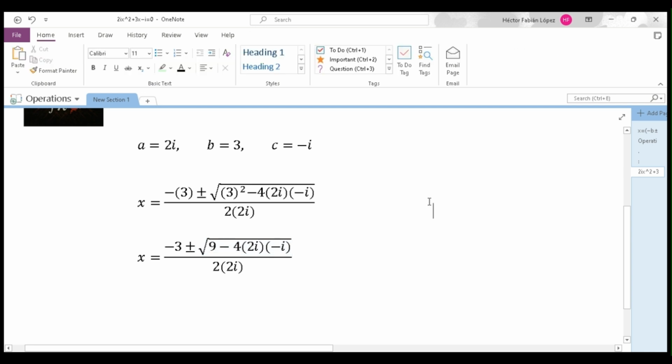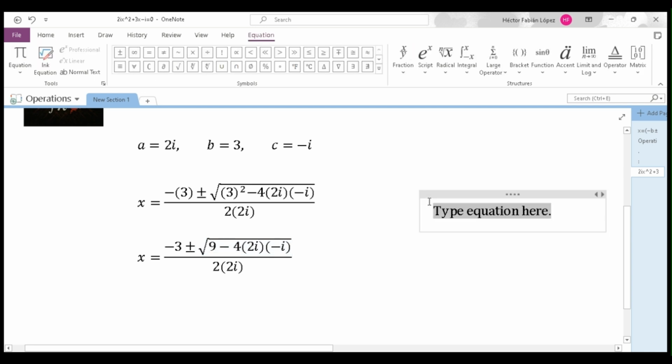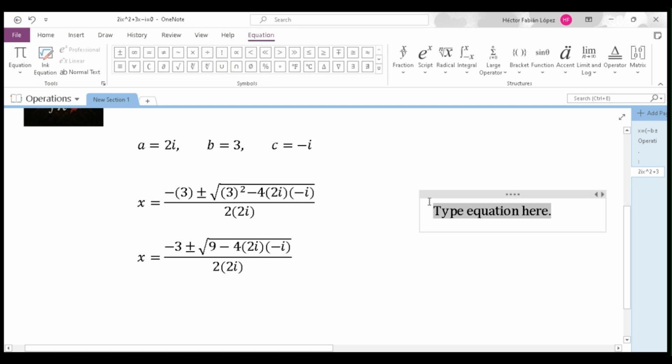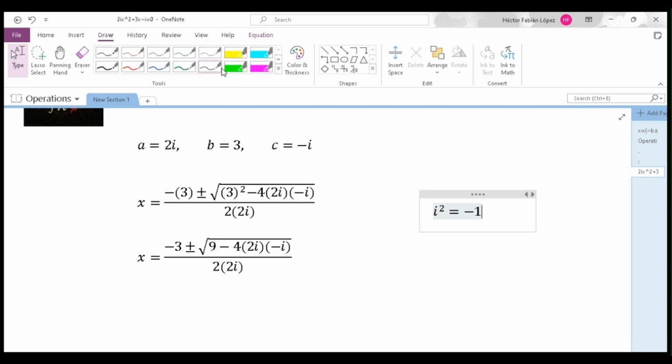Remember that i to the second power is equal to negative 1. It implies that this i times this i is equal to negative 1.